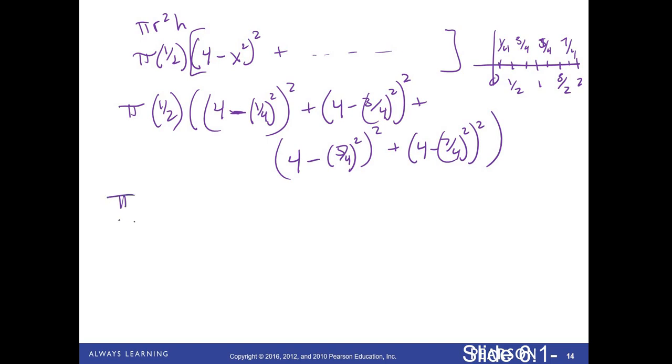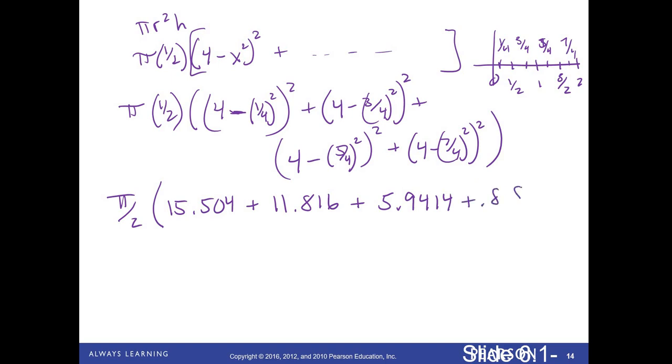So again, pi over 2, pi times 1/2, times 15.504 plus 11.816 plus 5.9414 plus 0.87891.